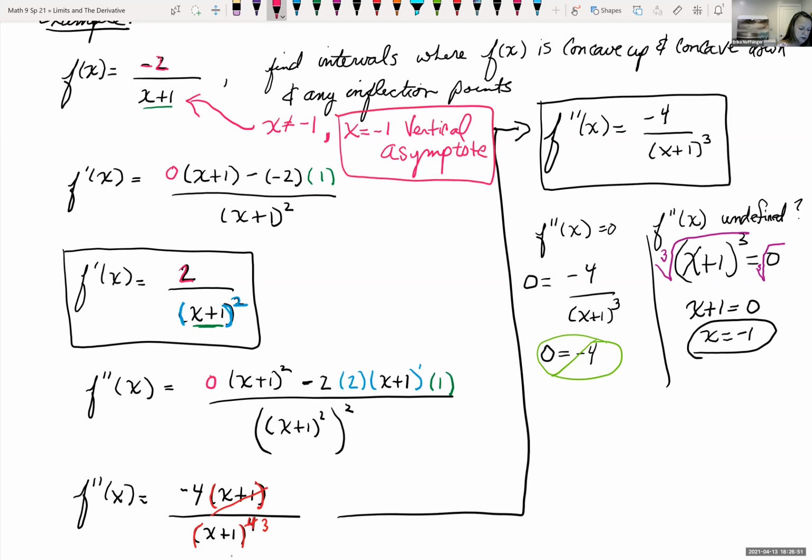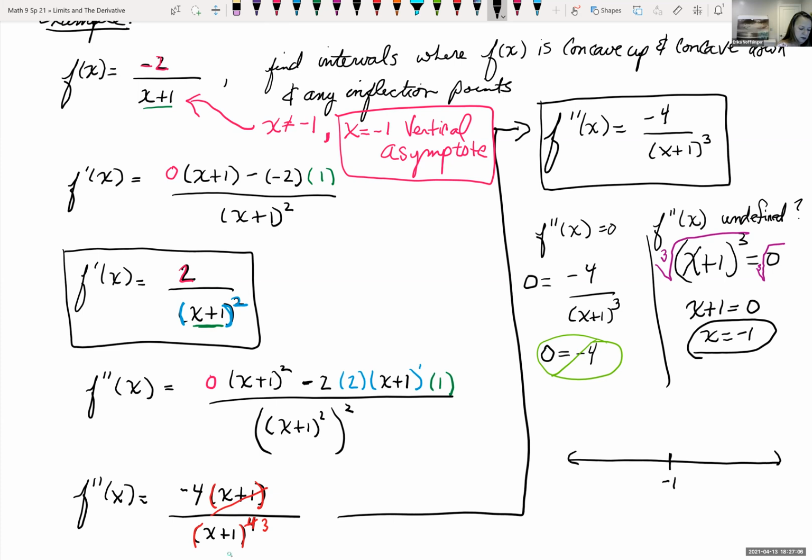So it's possible it's changing concavity on either side of that vertical asymptote. So we want to look at our number line, place the critical value we found where it's undefined, -1.